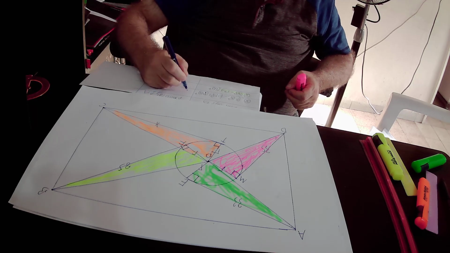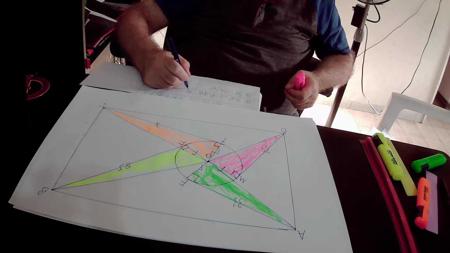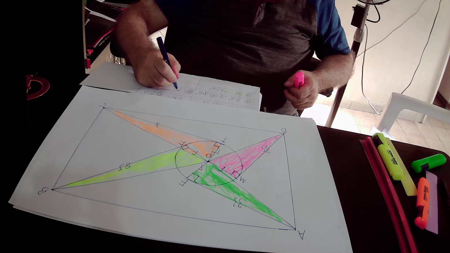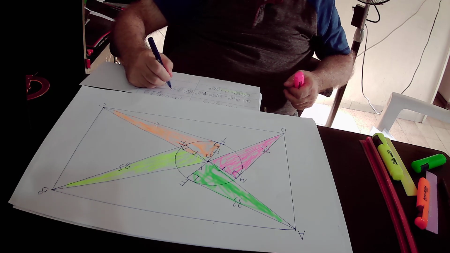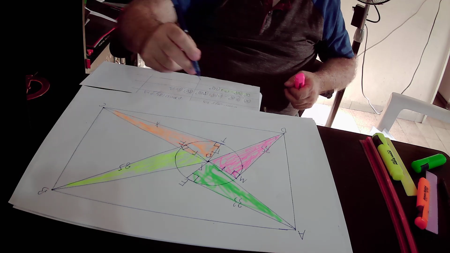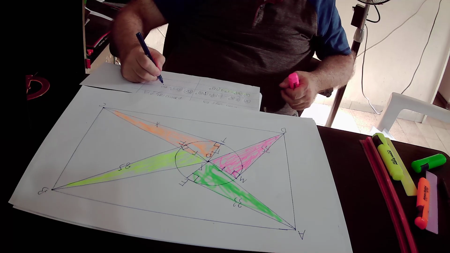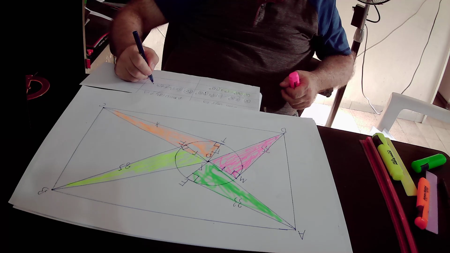According to the Pythagoras theorem, in the right pink triangle MOD, DO square equals MO square plus DM square.